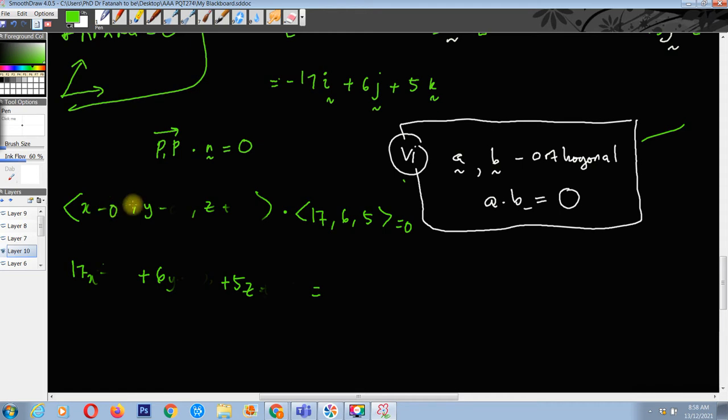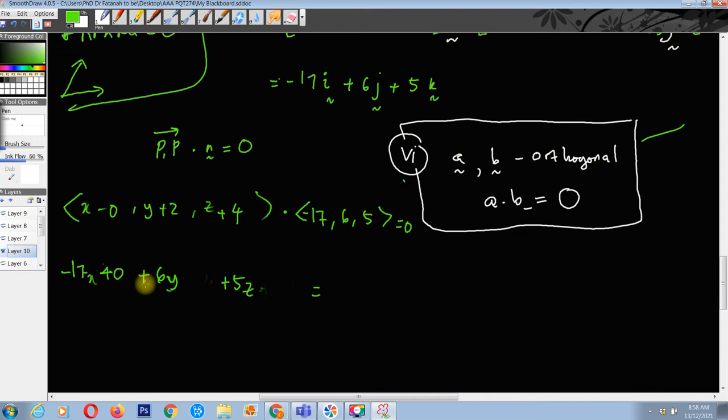If we put 0, -2, and -4, and then +4, so it's 0. This is negative 17.